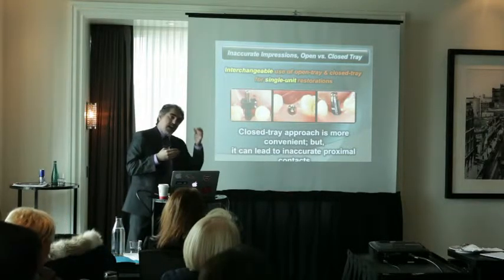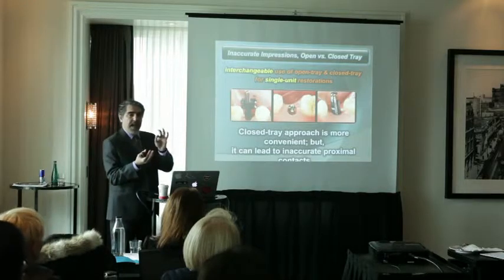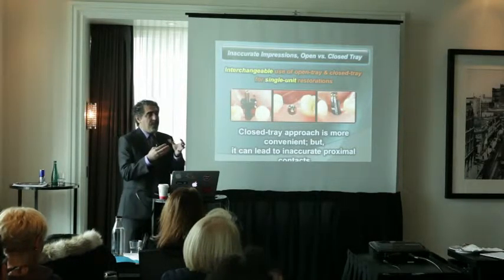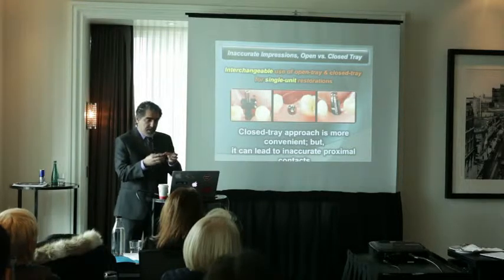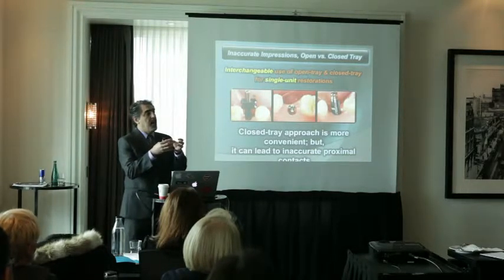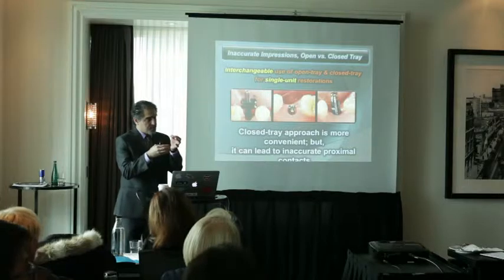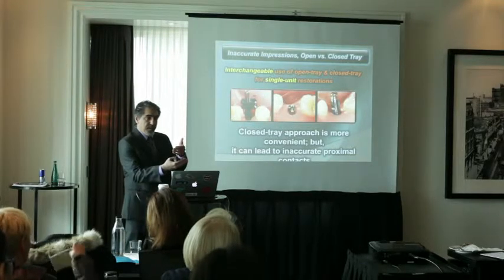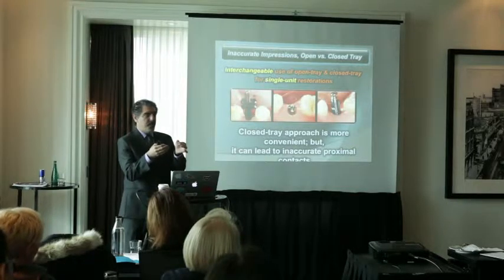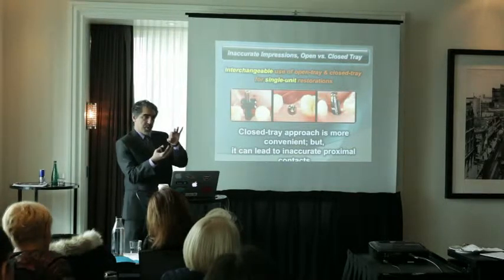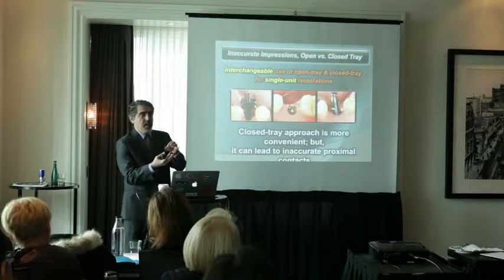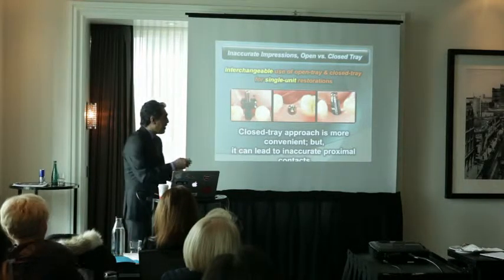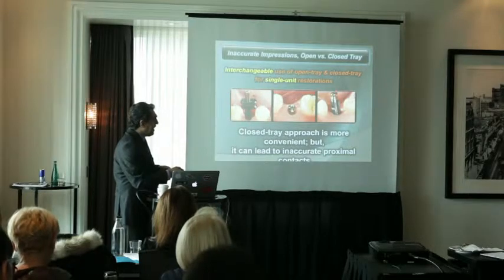Mostly because when you are putting back the closed tray transfer inside the impression, if the socket of the transfer inside the impression is long enough, is tall enough, the grip will be better from the impression material, so it will be more stable.